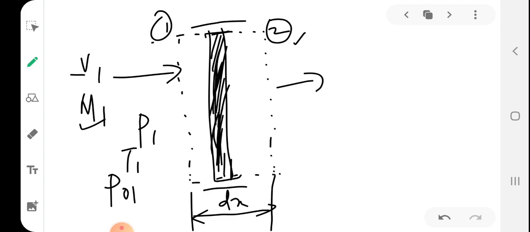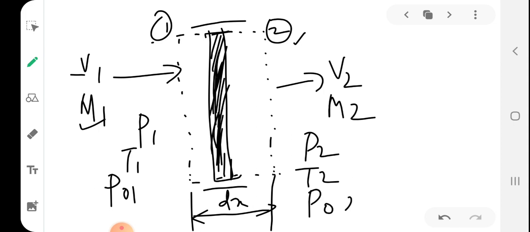Similarly here V2, M2, P2, T2 and P02. So this is the control volume.